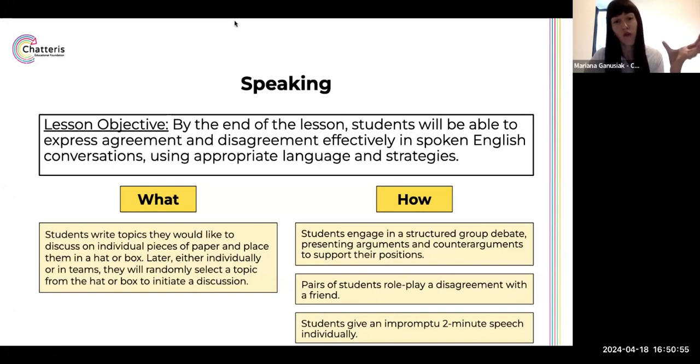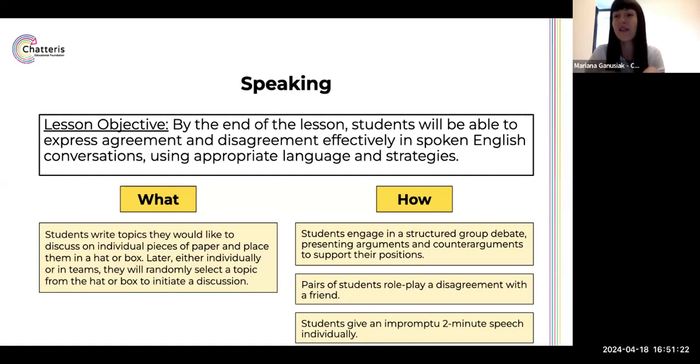So in terms of content options, let's say you want to have a little bit more fun here. You don't want them to just select a topic that they're interested in. What you could do is get each student or a pair of students or a team of students to write a topic on a piece of paper, put them all in a box or in a hat or in a bag, and then get different teams or different students to select a topic that they will have to discuss.